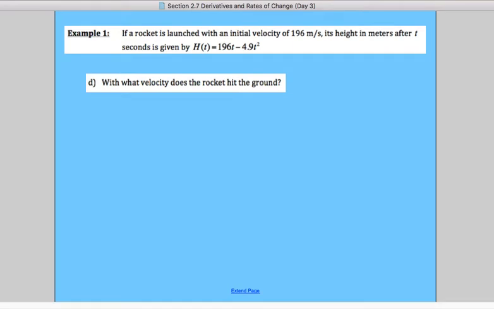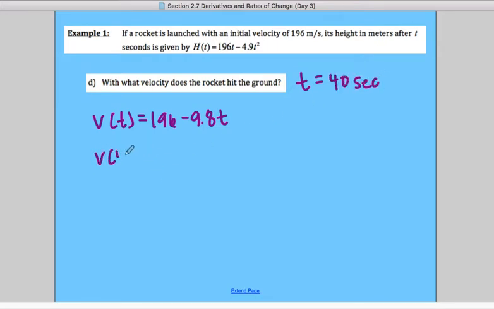Part D then says, with what velocity does the rocket hit the ground? Well, we know our velocity equation, v of t, from part A is 196 minus 9.8t. And then with what velocity? Well, what we need to know is the time. We just found in part C the time we hit the ground was 40 seconds. So what I need to do is find v of 40.